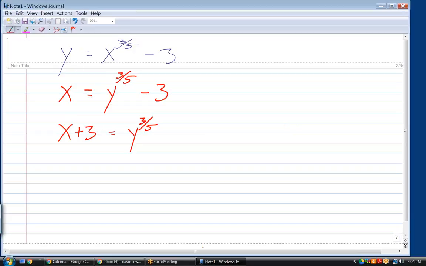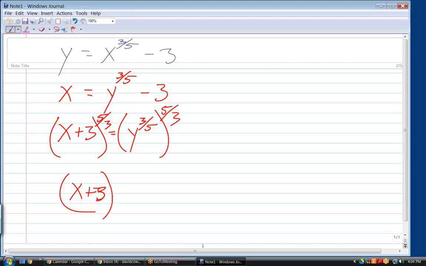There is one quite simple step for turning the right side of this equation into y. What power do I have to raise it to? The 5/3. There you go. Since I do it to the right, I got to do it to the left. So my answer is x plus 3 to the 5/3 equals y.